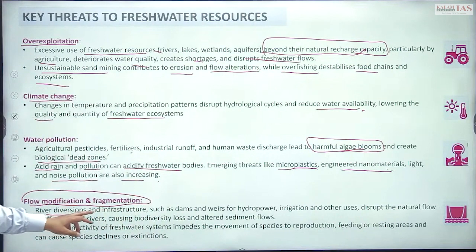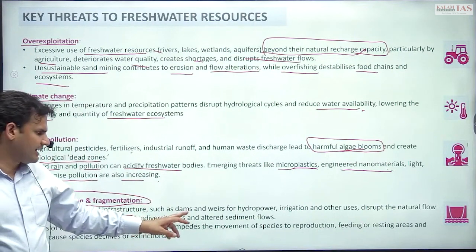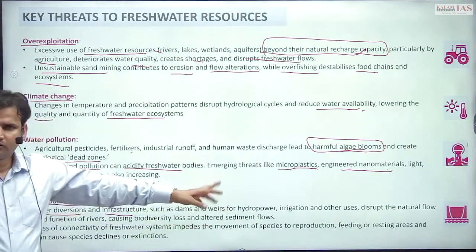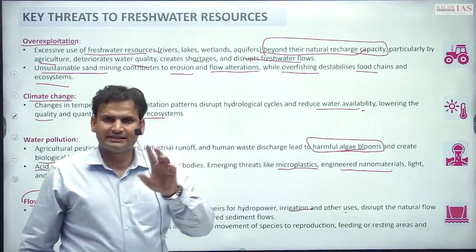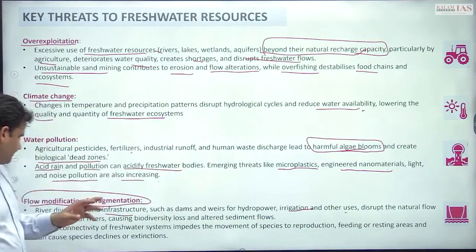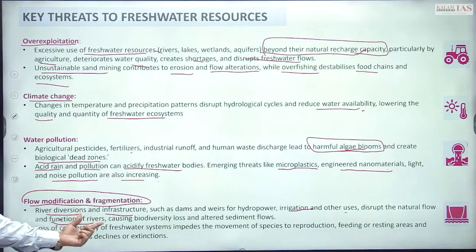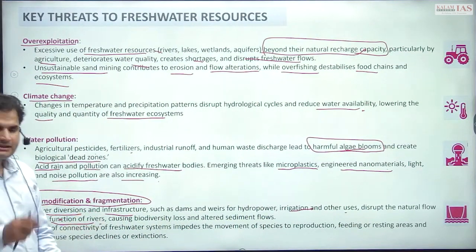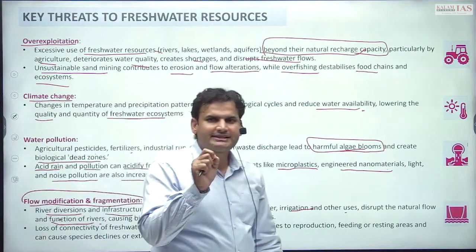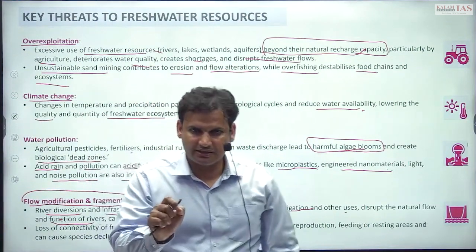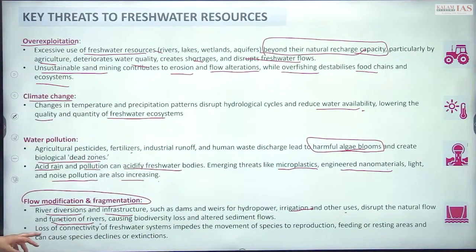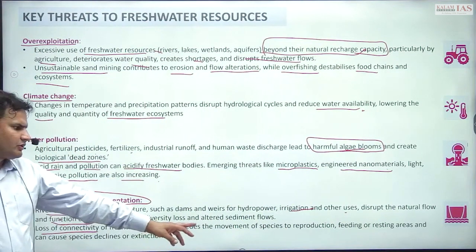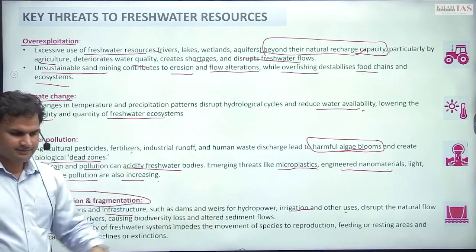So river diversion and infrastructure such as dams and weirs for hydropower, irrigation, and for other purposes, they would disrupt the natural flow and function of the rivers. And from that the biggest issue is sedimentation, siltation, right? That is one major issue. And loss of connectivity would impede the movement of species.